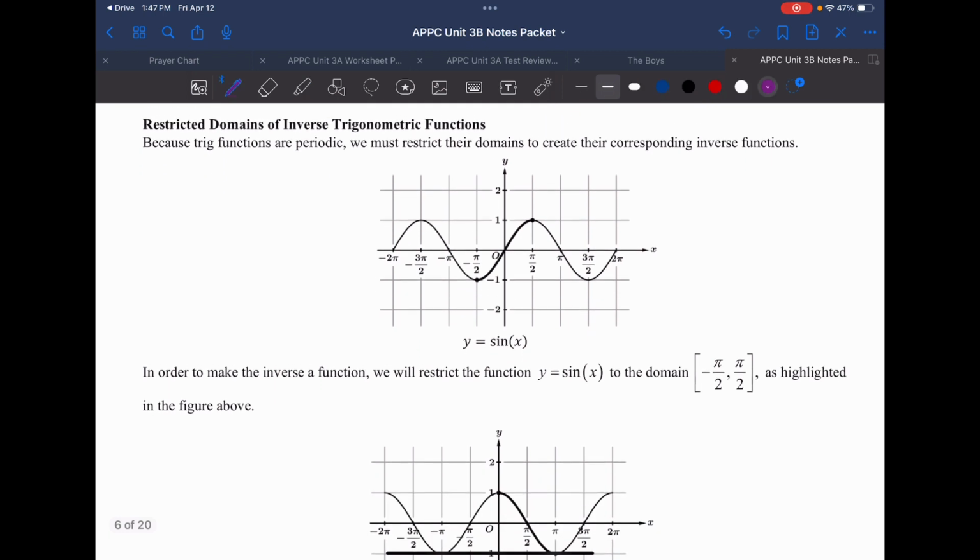And because trig functions are periodic, they repeat over certain x values, we must restrict their domains to create their corresponding inverse functions. And the reason we need to restrict the domain is to make sure it passes the horizontal line test. This is a little bit of a throwback from a previous unit, horizontal line test.